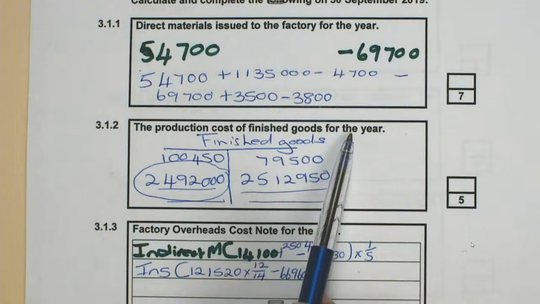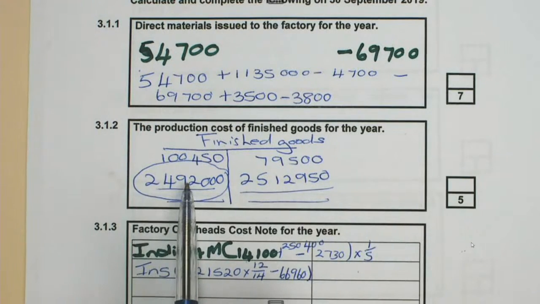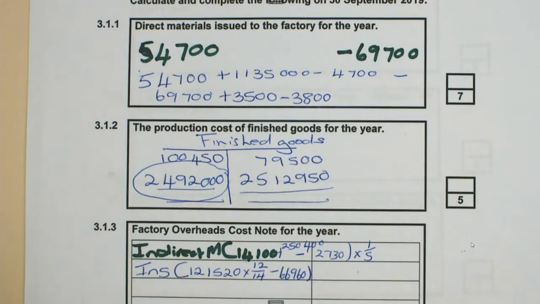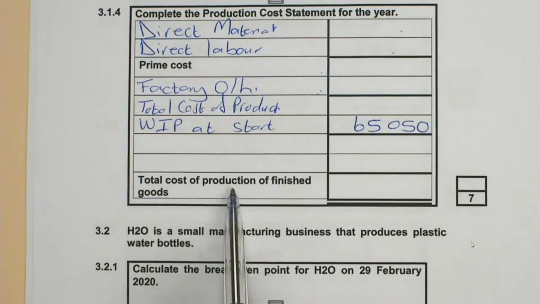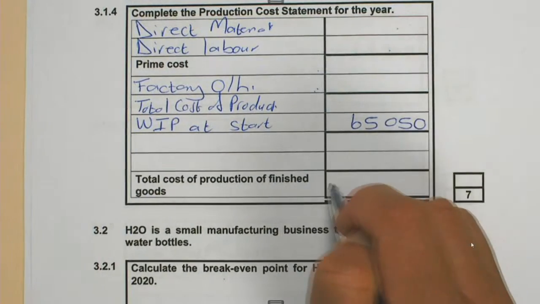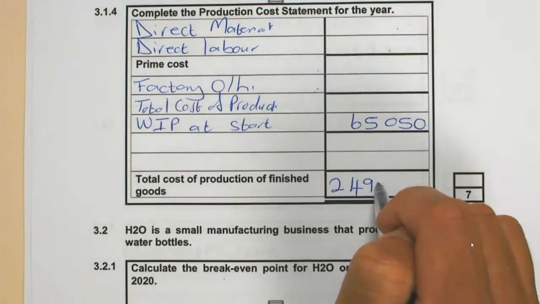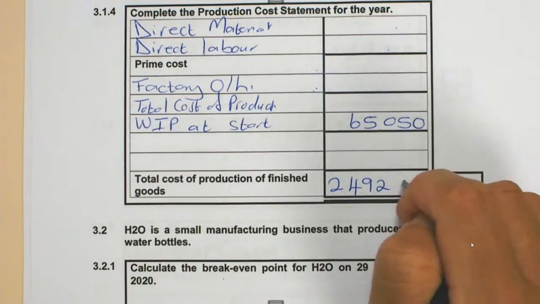Why does that look so familiar? Where can I use this figure? You write on the production cost statement. So let's take it there. Total cost of production of finished goods, 2,492,000.